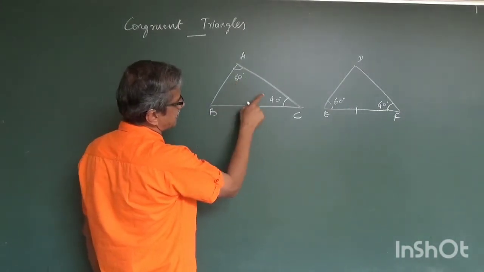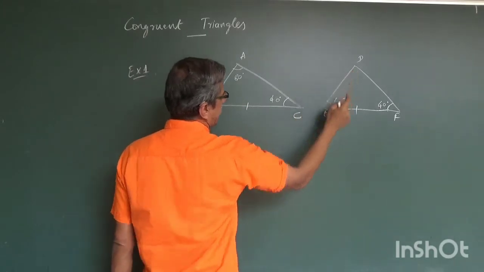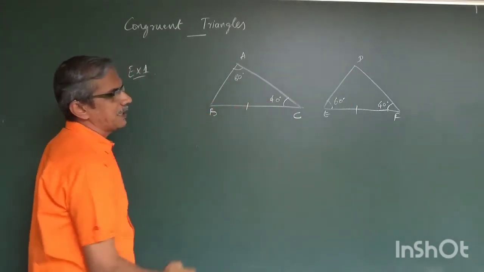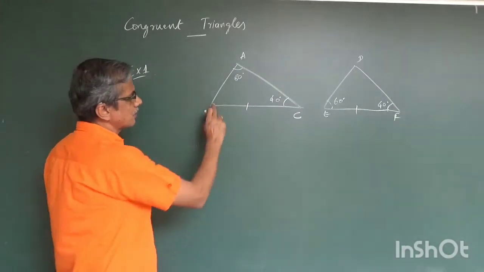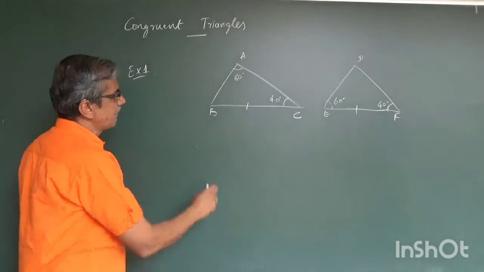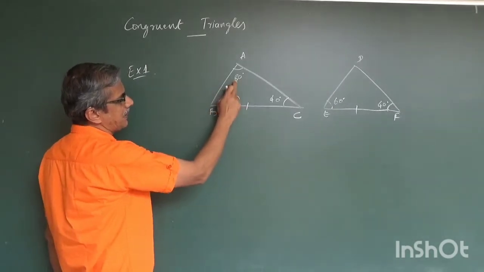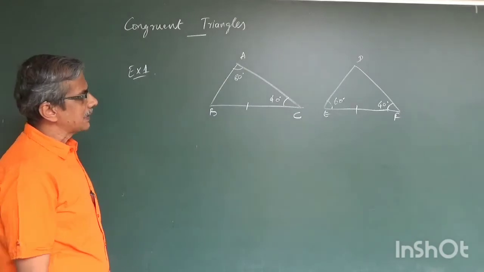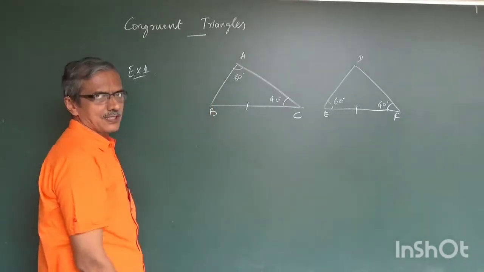these two angles we have, but this angle is not available here. Once two angles are given, you can find the third angle. Here also I can find the third angle. If I find this third angle, 80 plus 40 is 120, and 180 by the angle sum property, so this is 60.